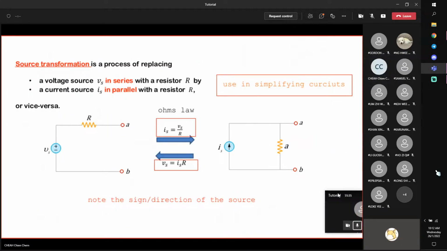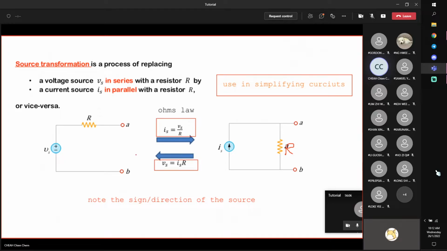Now, week 1 and week 2, you learn a lot of basic tools which you will use over and over again, right? Not only for this course, but subsequent courses, and as an electrical engineer subsequently. And source transformation is one of them. It is a good way of simplifying circuits by transforming a voltage source in series to a current source in parallel, right?